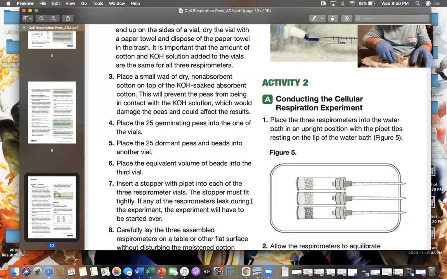Again, we want 25. They fit as well because of their little tails. All right.